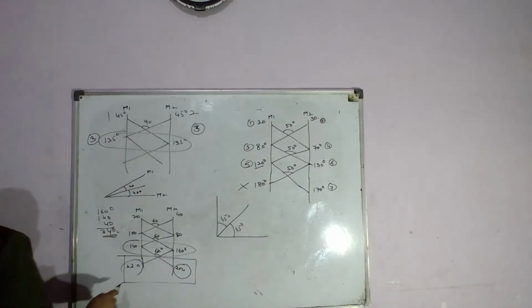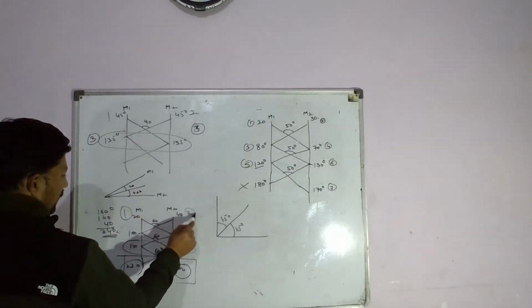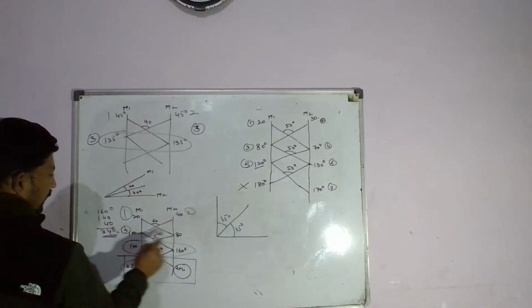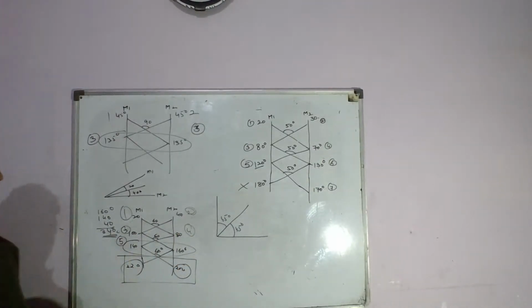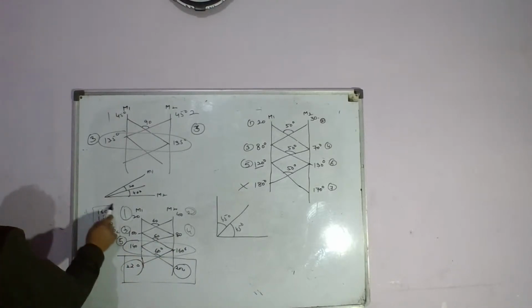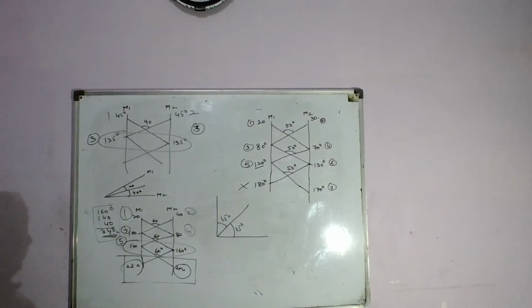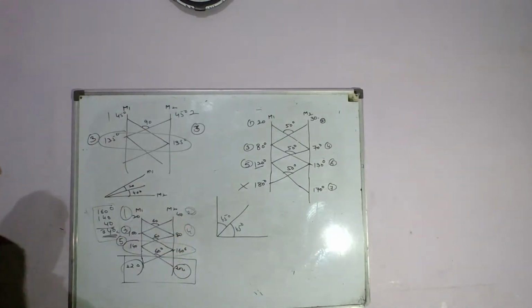So it means 1, 1, 2, 3, 4, and 5. Meaning the sum of these two angles is not greater than 180 degrees. So it's the case of overlapping. It means only five images are formed.